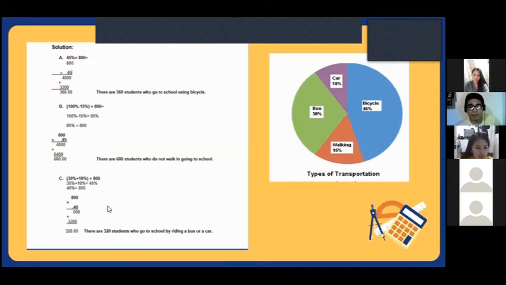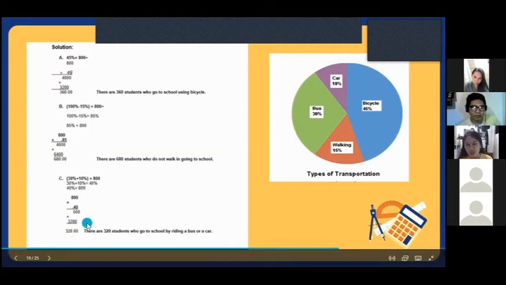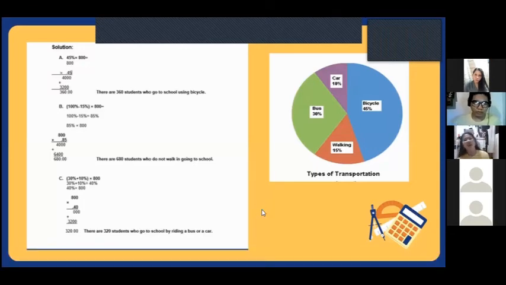So 30% plus 10% is 40%. After that, you have to multiply 40% by the number of students in the school, which is 800. Then you will get 32,000. Then again, you have to move two decimal places, and this will result to 320. So all in all, there are 320 students who go to school by riding a bus or a car.